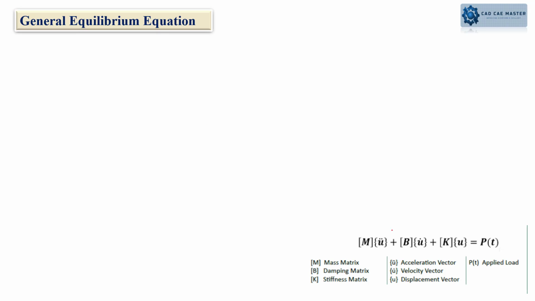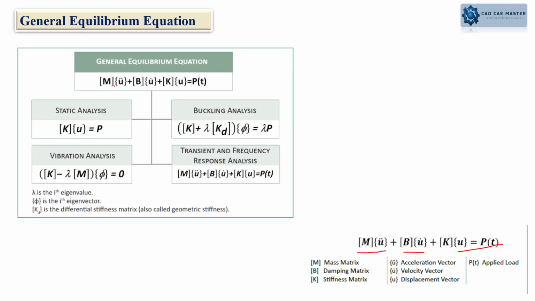Now in short, I'll just show you the equation so that you can remember, and later on you can utilize it. So when it comes to the general equilibrium equation, we have this equation: M u double dot plus C u dot plus K u, which is equal to P of t. So this is the equation.